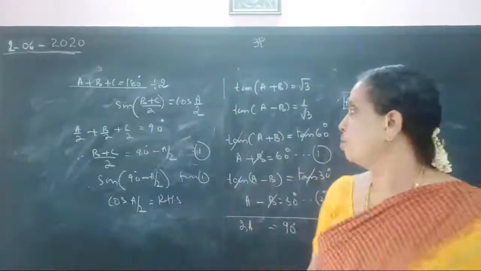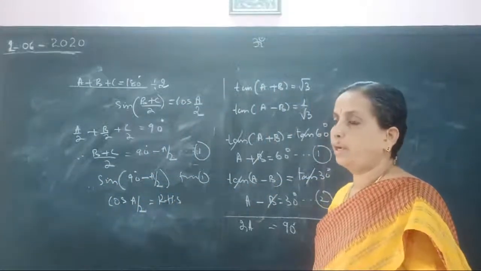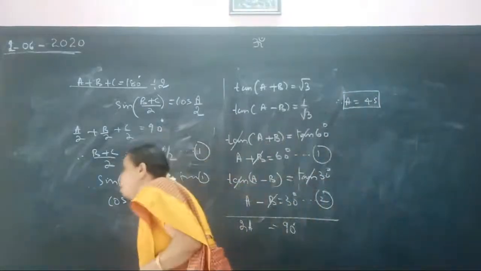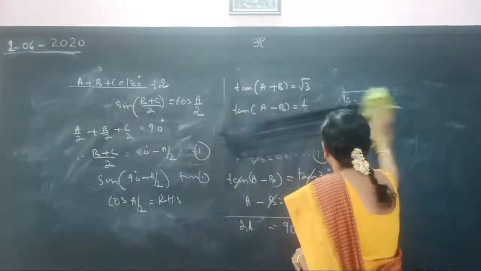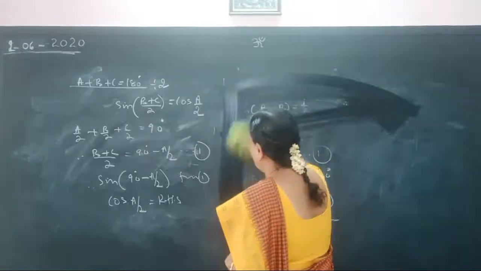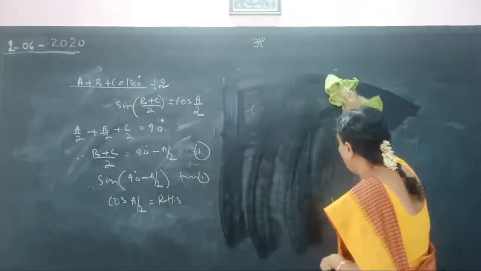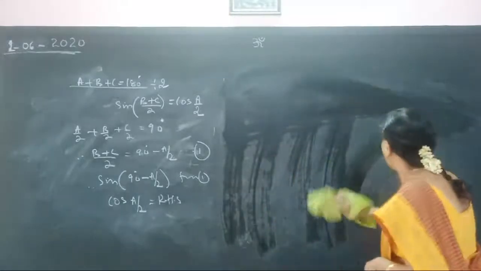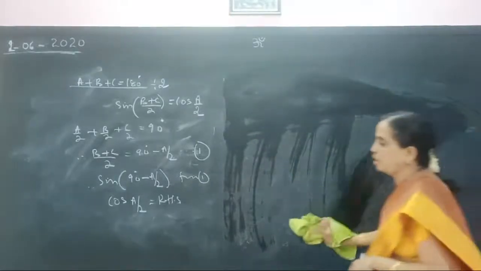Sin (B plus C) by 2 equals cos A by 2. Tan (B plus C) by 2 equals cot A by 2. Like that, using the complementary relation, we can prove LHS equal to RHS with the condition A, B, C are interior angles of the triangle.